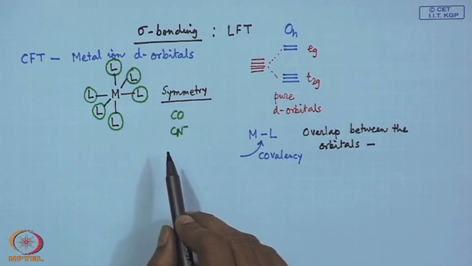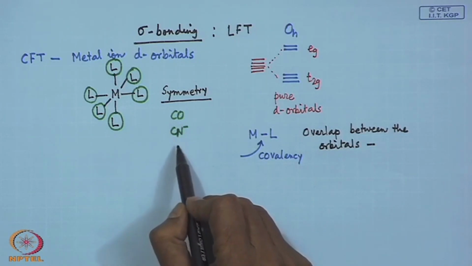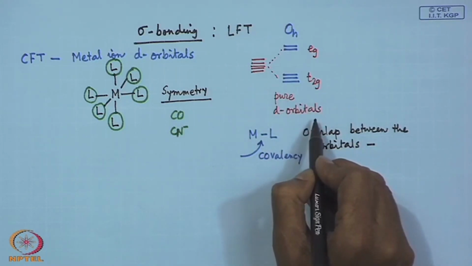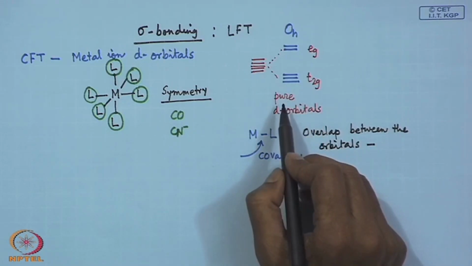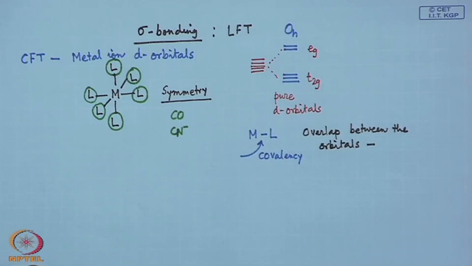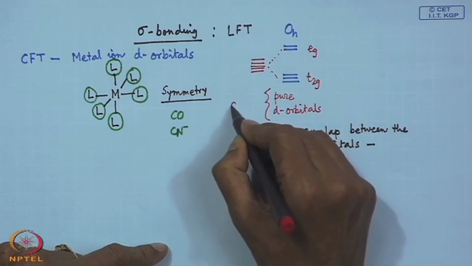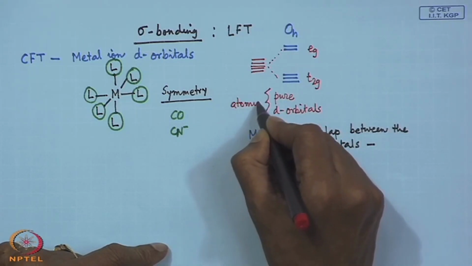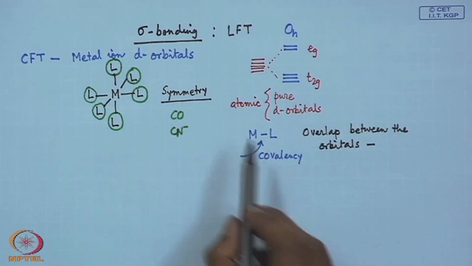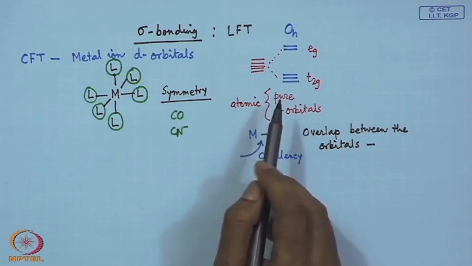As a result, we are not talking in terms of atomic orbitals, because the d orbital splitting in crystal field theory is for pure d orbitals, which are the corresponding atomic orbitals.